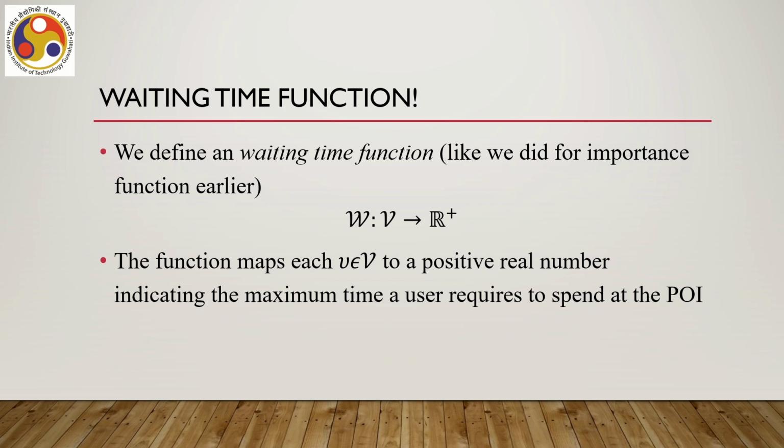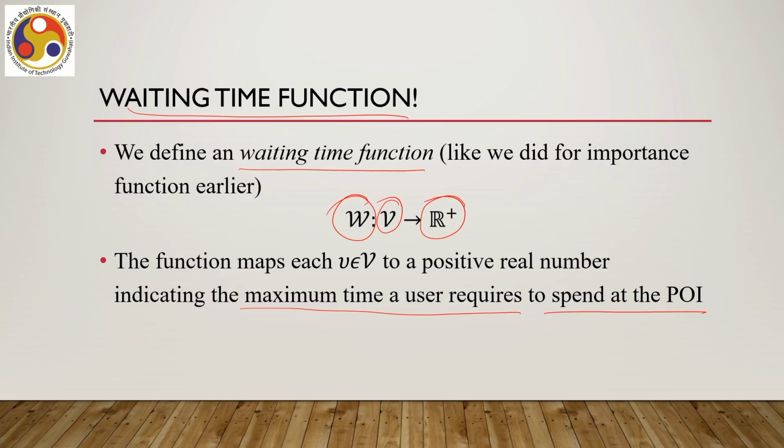So, like the importance function, we can also have a waiting time function. We can define this function, the waiting time function, as W, where V is mapped to a real positive number. In other words, every node is mapped to a real positive number, which indicates the maximum time required to inspect or interact with the object that is there at V. So, this is the maximum time a user requires to spend at the point of interest.